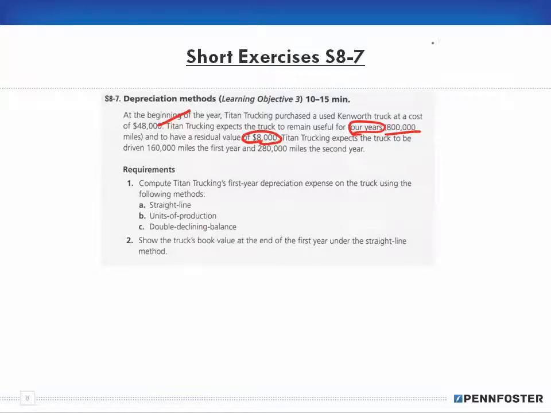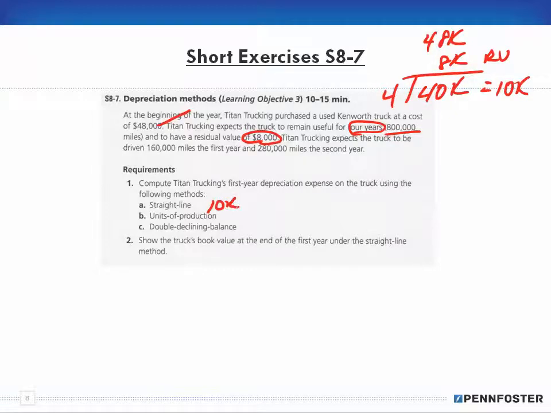So if it costs 48,000 less our 8,000 for our residual value or salvage value, that means we're going to end up depreciating $40,000. And if we're depreciating it for 4 years, that means we're going to depreciate it for $10,000 a year. So for straight line, that's going to be $10,000.